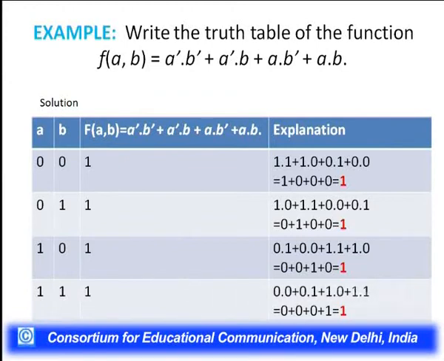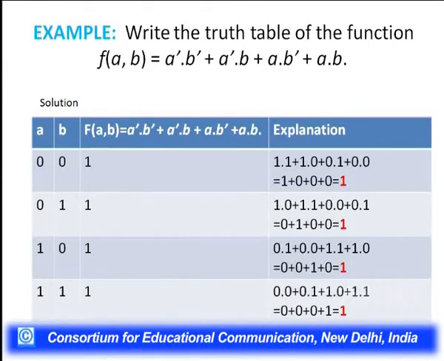So 1 dot, b is 0 and complement of b is 1, so 1 dot 1, plus the next term, a is 0 and complement of a is 1 and b is 0, so 1 dot 0, plus for the next term a dot b', a is 0, put 0 dot b', b is 0, the b' is 1, so 0 dot 1, and the last term a dot b, a is 0, put 0, b is 0, put 0.